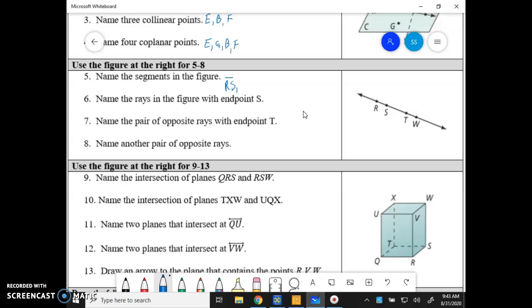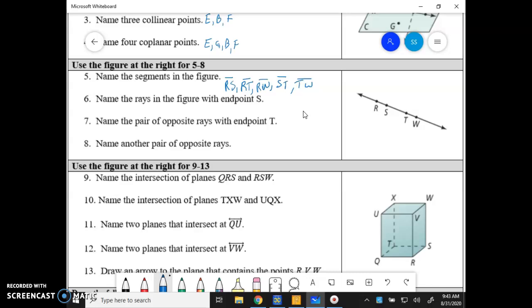How about RT? We could also go RW. Let's see, we could do ST. There's a bunch of options here. You probably won't get any wrong here. TW. I don't know, that's probably enough.